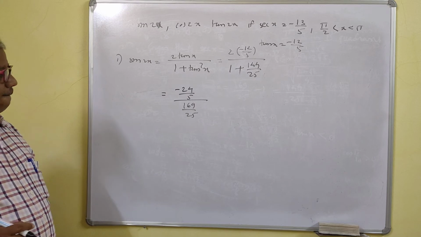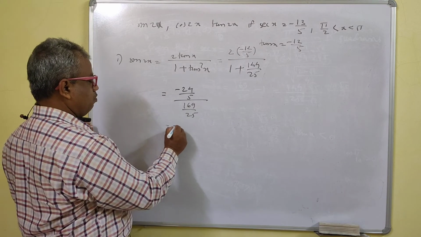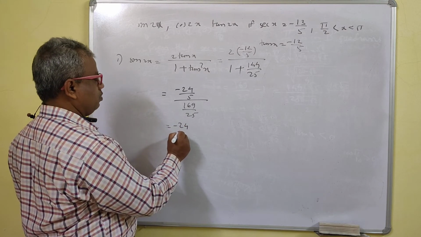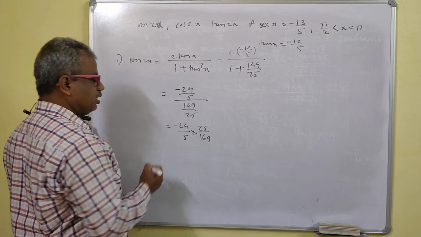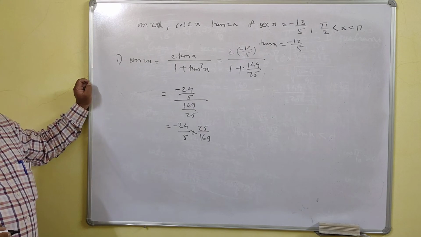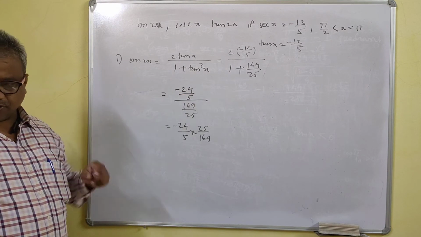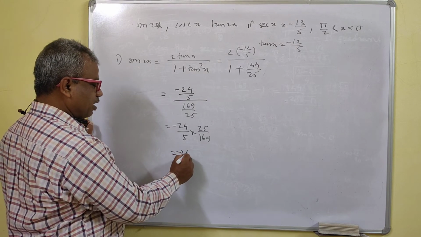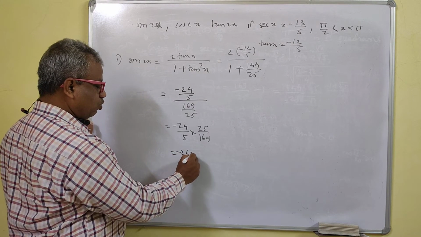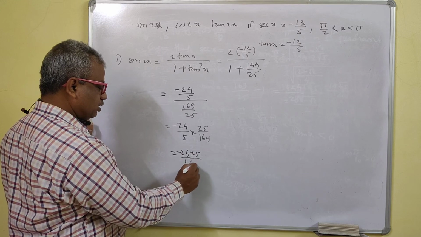So now this is minus 24 by 5 into 25 by 169, we have to take the reciprocal of the denominator. So 5 gets cancelled, and this is minus 24 into 5 upon 169.